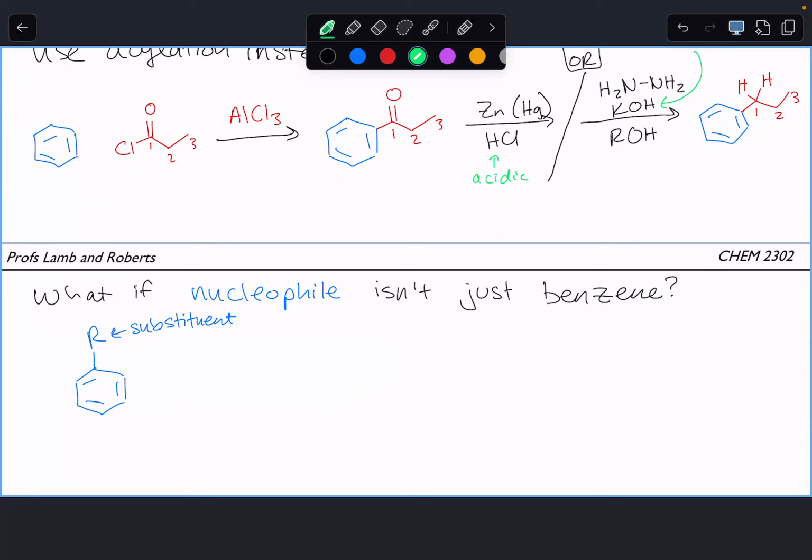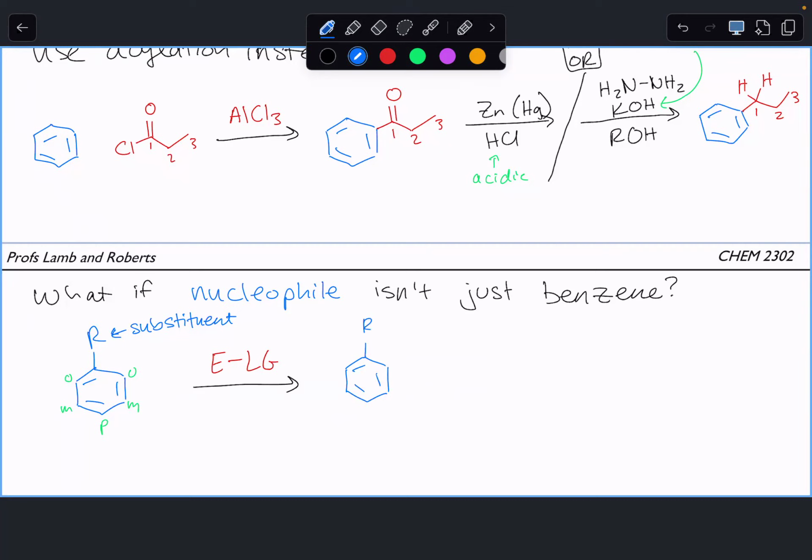And this is where we've got to remember the terminology: when you already have one substituent, the carbon next to that is the ortho position, and then the meta position, and then the para position. So when we do an electrophilic aromatic substitution, I'm just going to draw our generic electrophile here, because it could be any of them. We have 3 possible products.